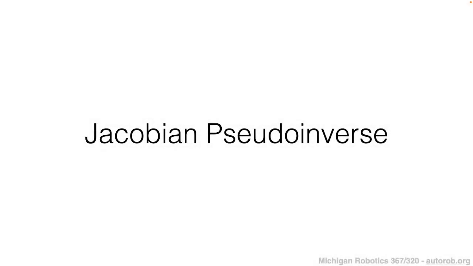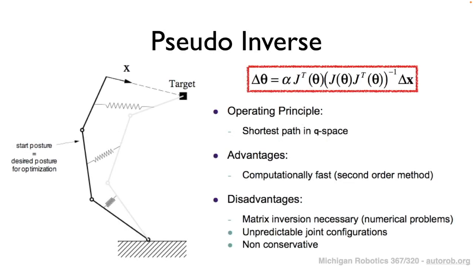So the Jacobian transpose is one approach that we can take to defining this change in configuration, but it's not the only one. Another approach to handle that inability of inverting the Jacobian is what's known as the Jacobian pseudo-inverse approach, shown on this slide. We define a step in our configuration space based on the pseudo-inverse of the Jacobian matrix multiplied by our displacement in the end effector position.